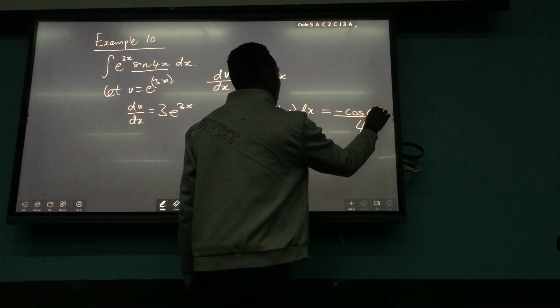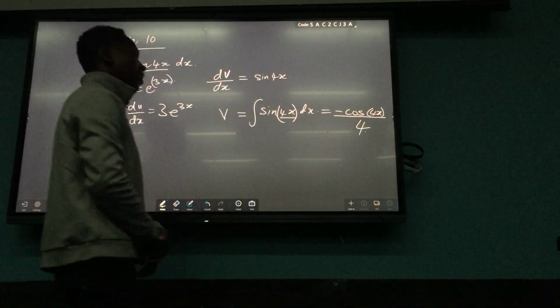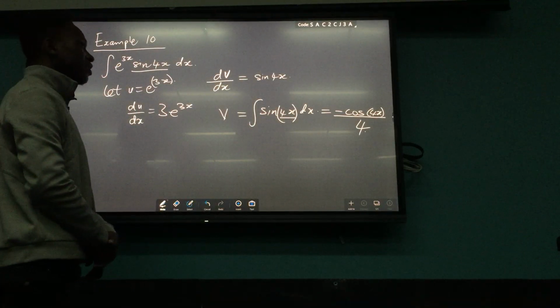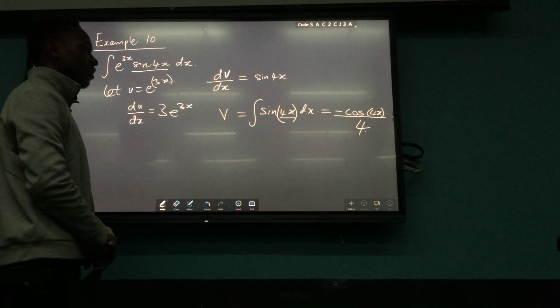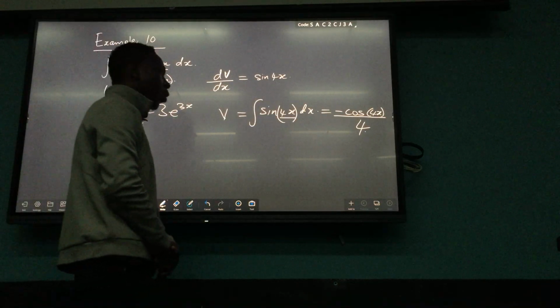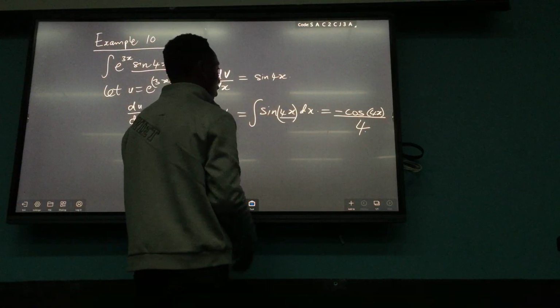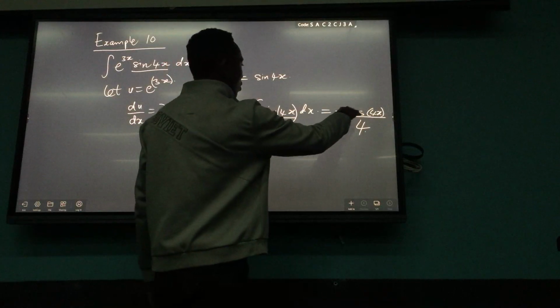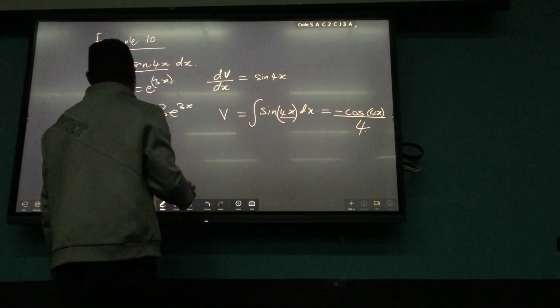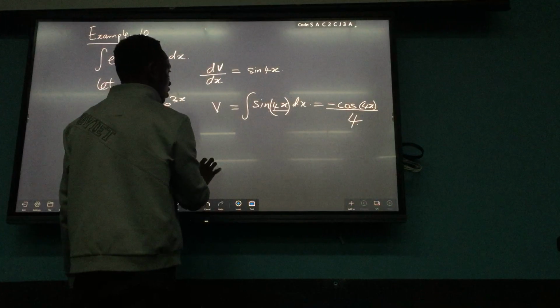Bracket, put back whatever was inside, you get that. So you get minus cos 4x over the derivative of the inside, which is 4. So you get minus cos 4x over 4.